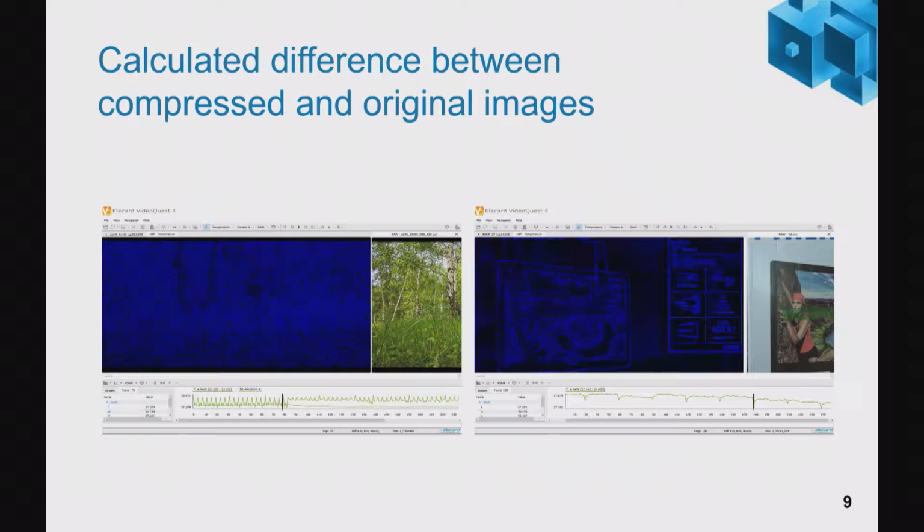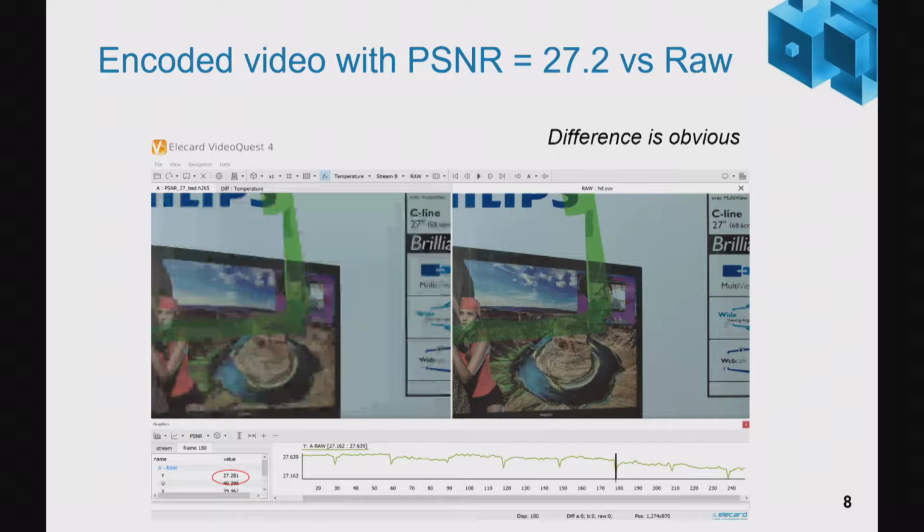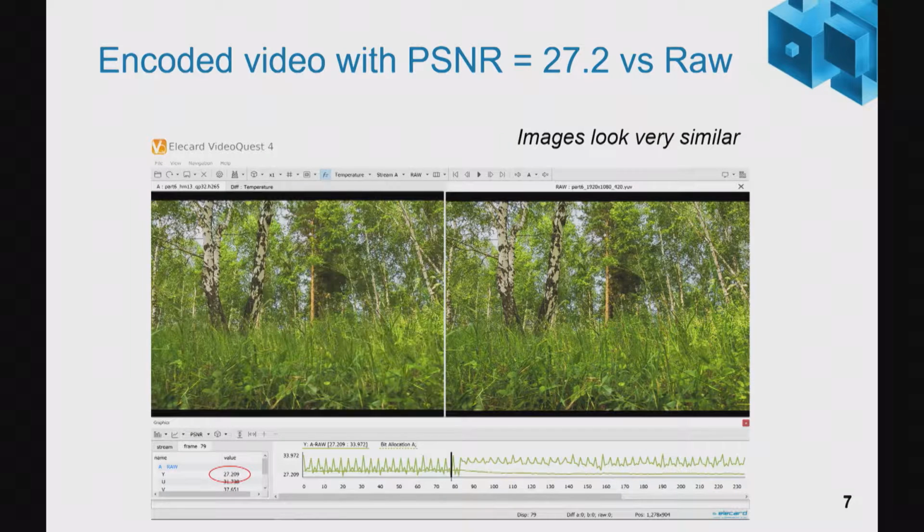On this slide, you see the pure difference between images, and PSNR just calculates this difference. From the computer's point of view, it is the same. But from our point of view, it's completely different.